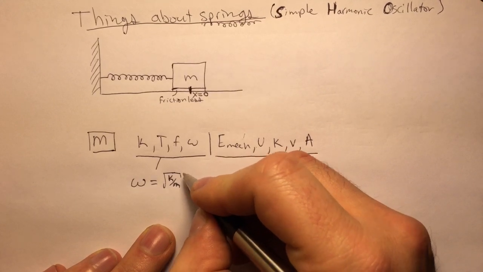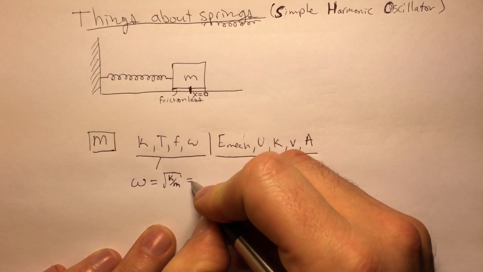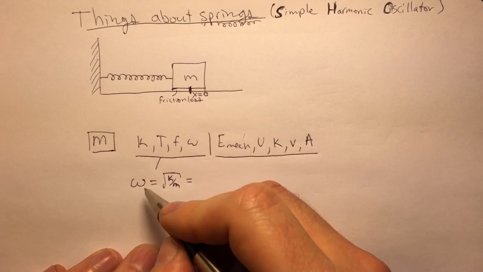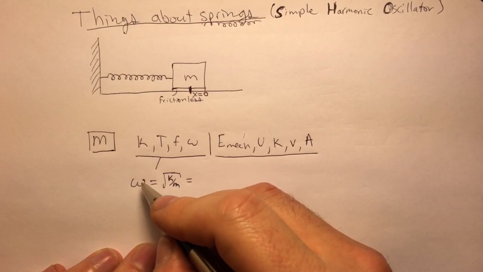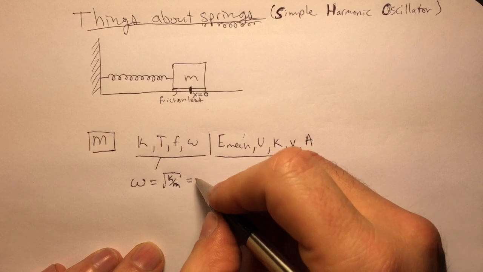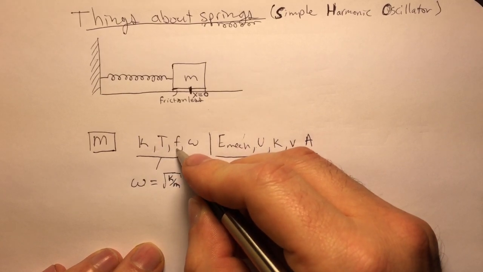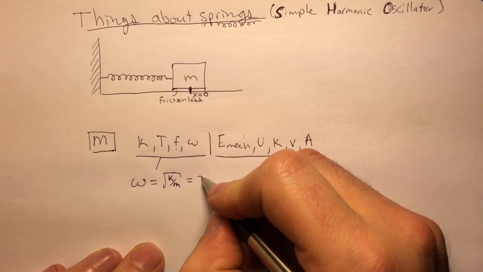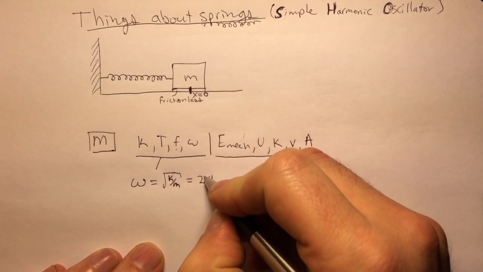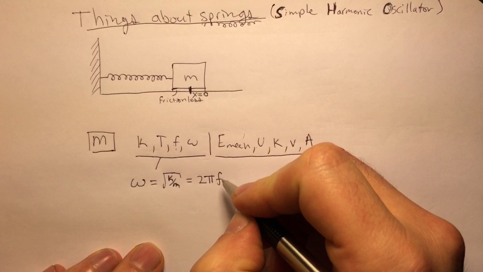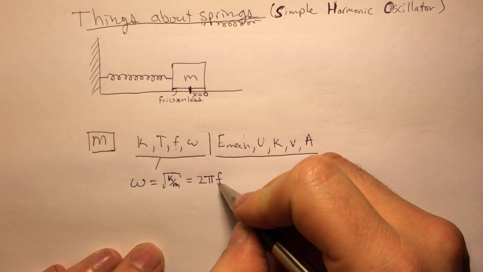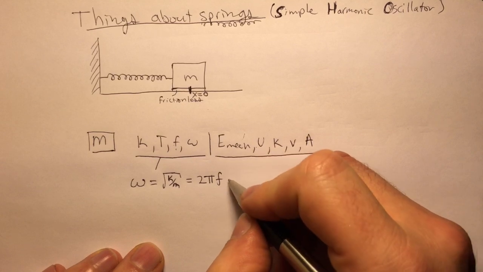And since angular frequency, as you learned, is theta per second, the number of radians per second, to get to frequency, which is revolutions per second, we have omega equals 2 pi times the frequency, because there's 2 pi radians in one revolution.